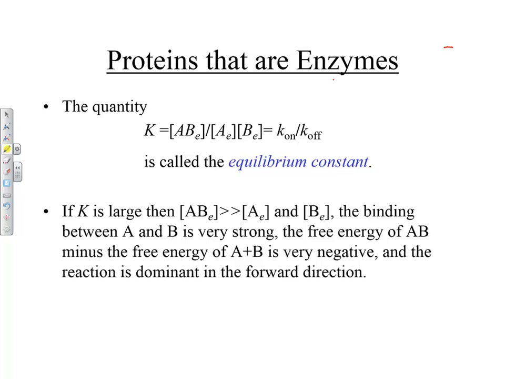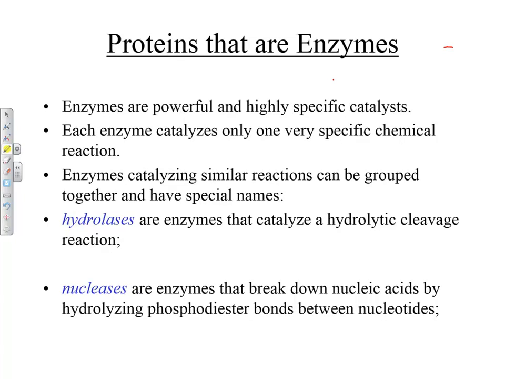Now if K is large, then the equilibrium concentration of the product AB is much, much higher than the concentration of the individual reactants, which means that the reaction will move very strongly in the forward direction. So the binding between A and B is very strong. The free energy of AB minus the free energy of A plus B is very negative, and the reaction is dominant in the forward direction. Makes sense, and is in accordance with the second law of thermodynamics.